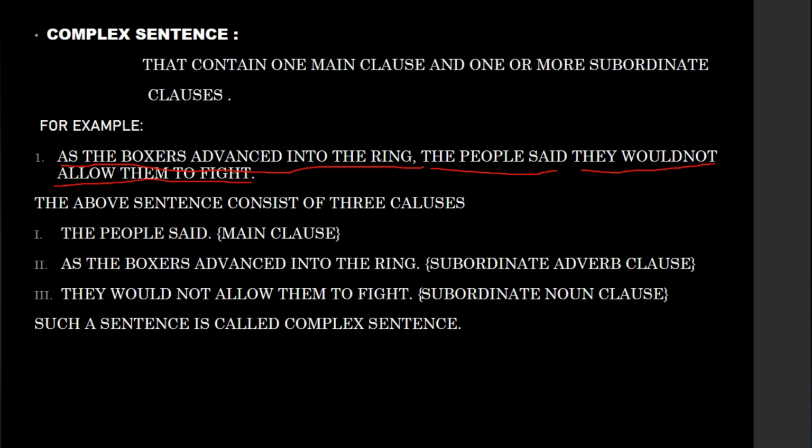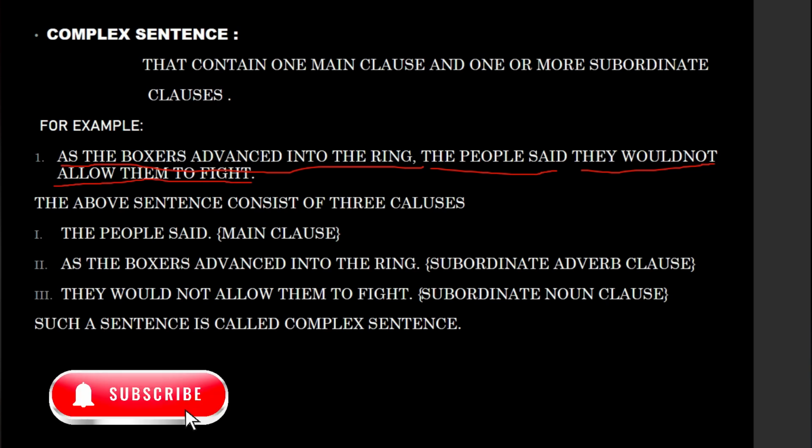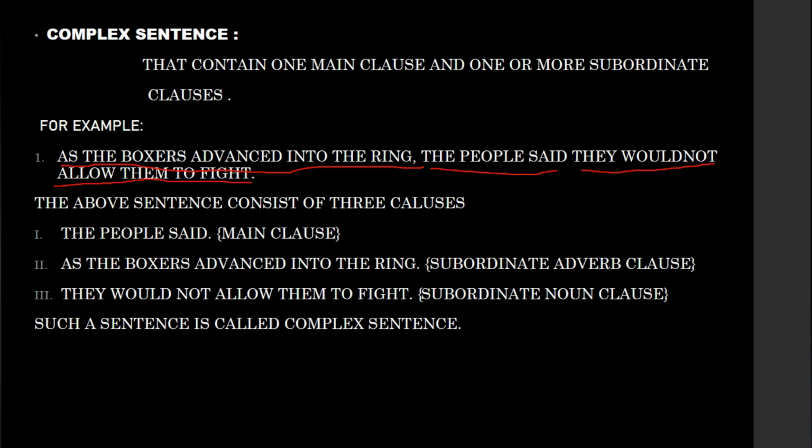"As the boxers advanced into the ring" is our subordinate adverbial clause. And the last, "they would not allow them to fight," is our subordinate noun clause. So we have one main clause and two subordinate, dependent clauses. Such sentences are called complex sentences.